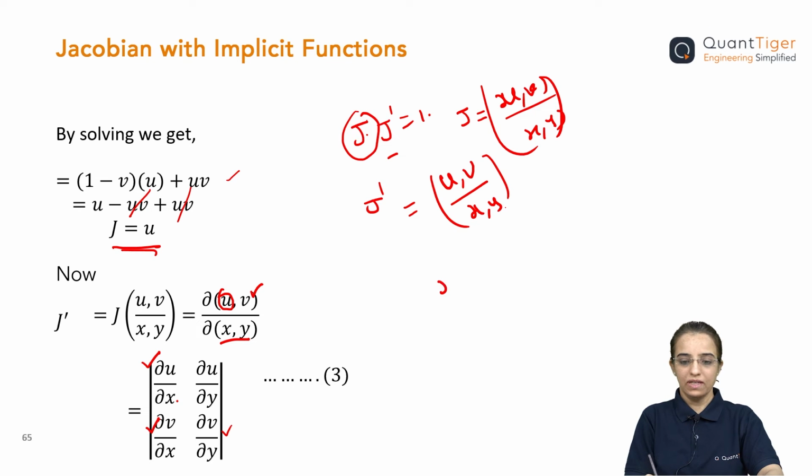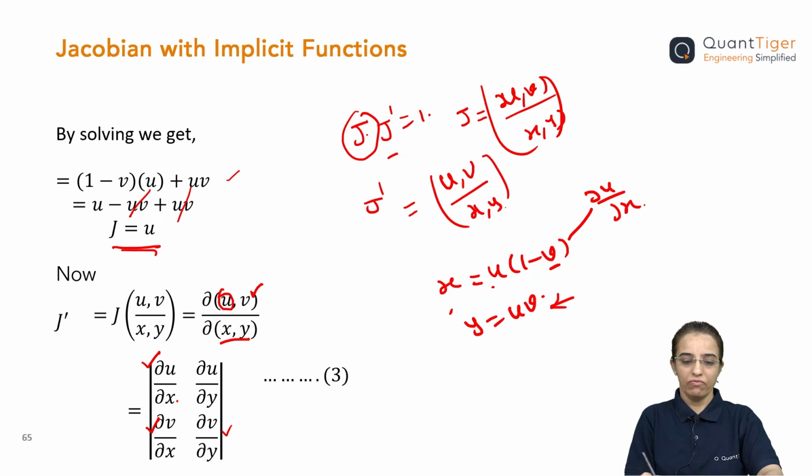But if you see the given function, it is given like x is equal to u(1 minus v) and y is equal to uv. This is given in this way. So if I want to find del u by del x, I don't want this v in this equation.